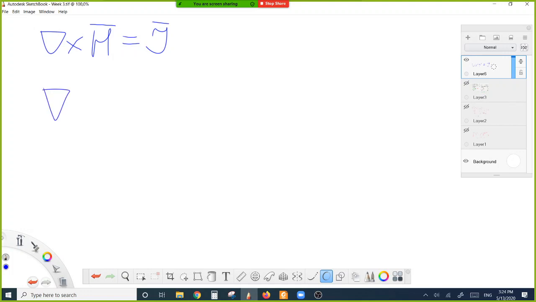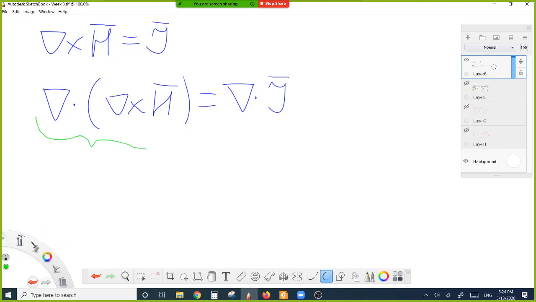And if we take the divergence of both sides of the equation, so according to the properties of vector fields, this term should be 0.